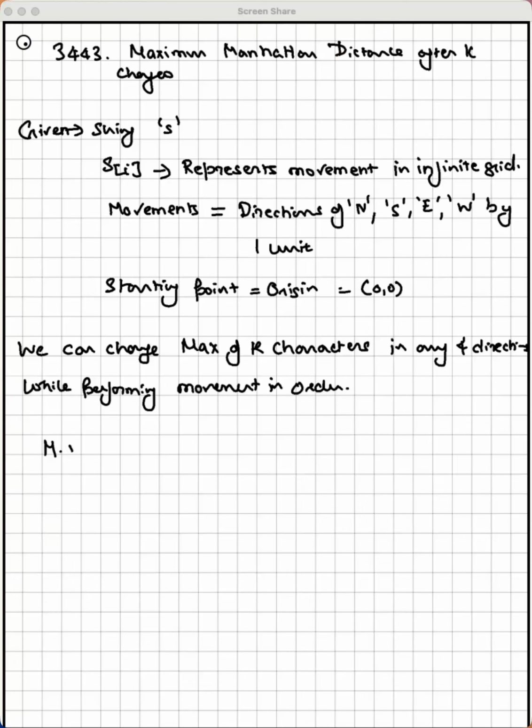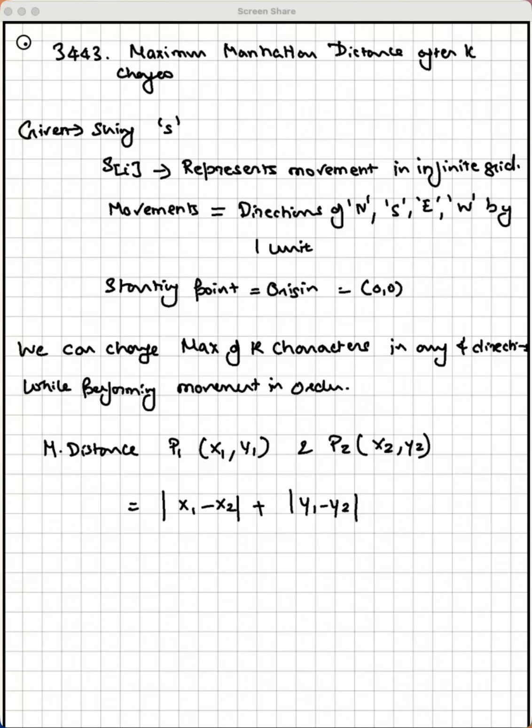So the Manhattan distance for 2 points, let's say point 1, which is x1, y1, and point 2, which is x2, y2, can be given as the difference in the x values plus the difference in the y values.